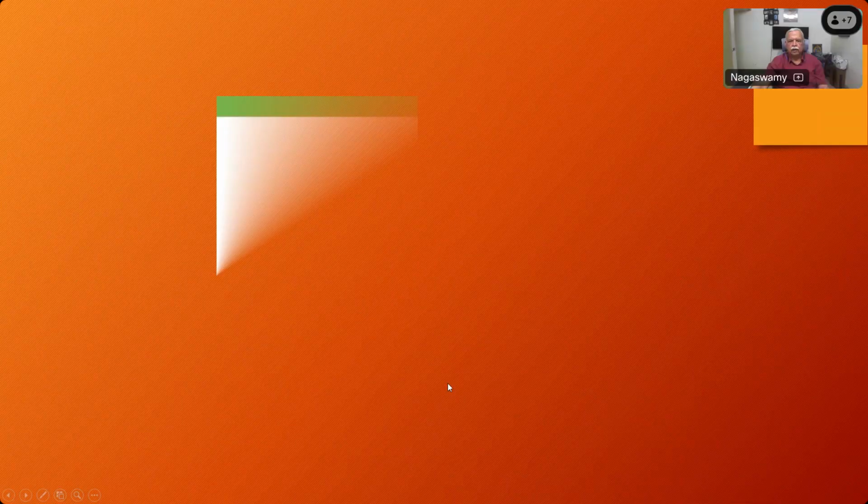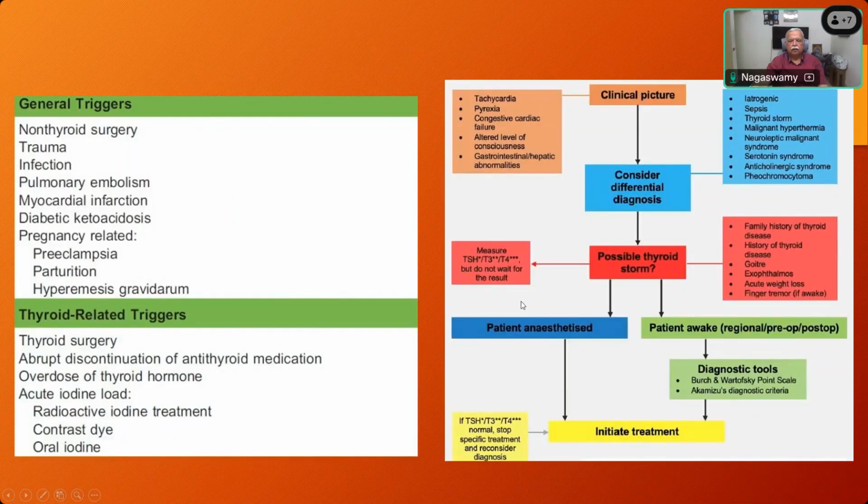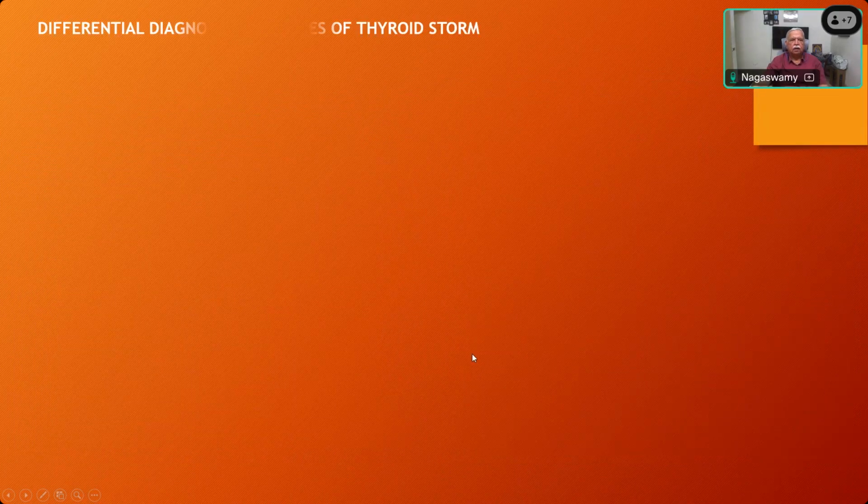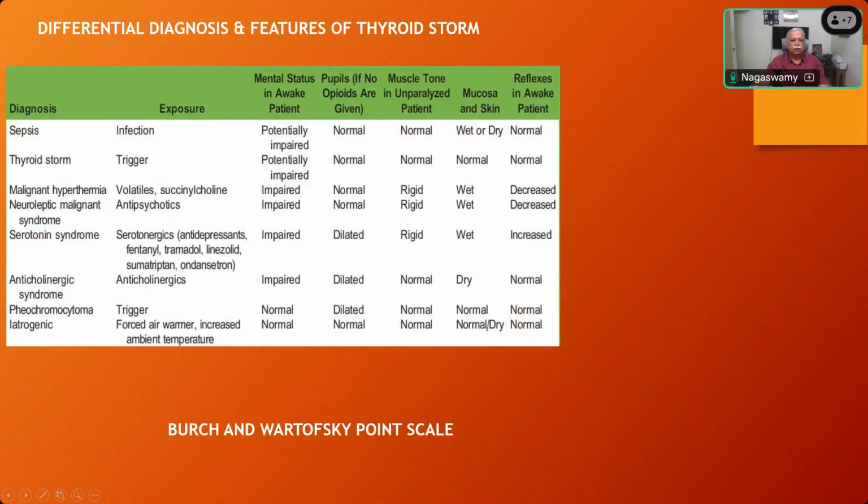Tachycardia, the elevated values of all the T3, T4 and all that, and differential diagnosis of thyroid storm. That is a common question they ask you. They are sepsis, which will also produce a similar picture of high temperature, tachycardia, dehydration, cardiac failure, all these things can happen.